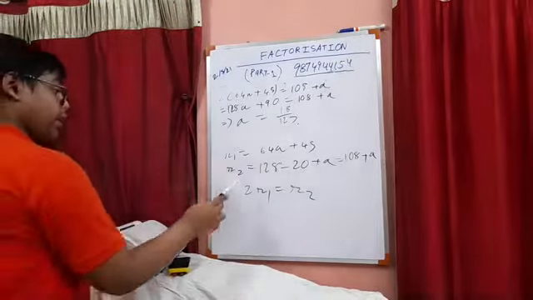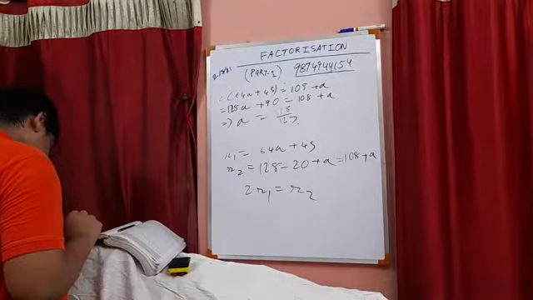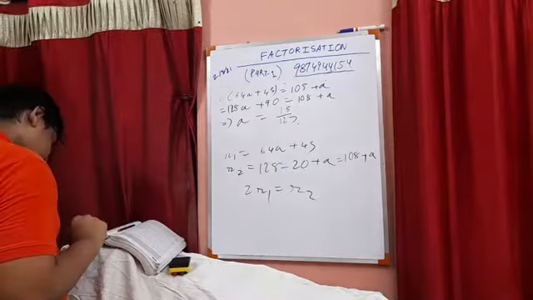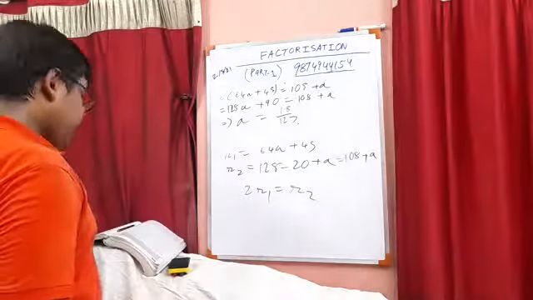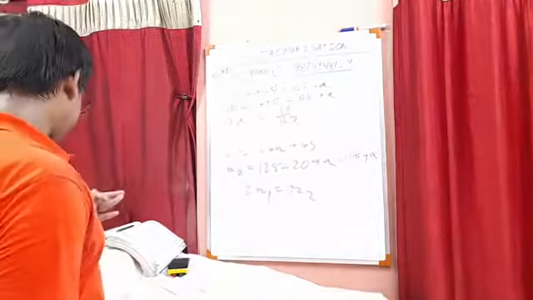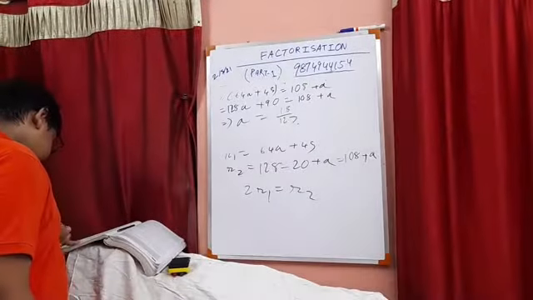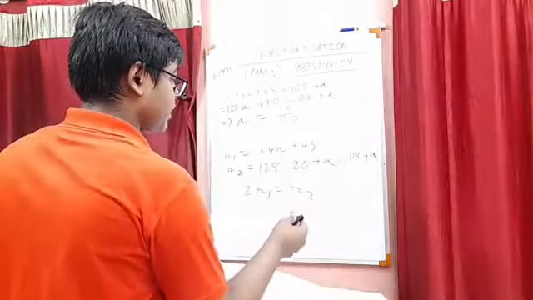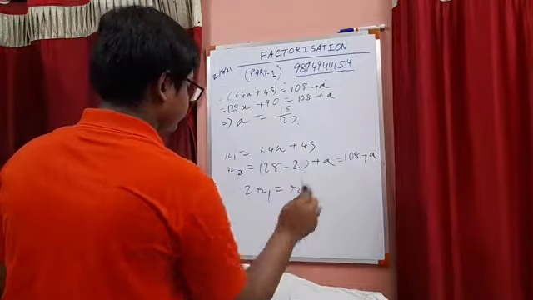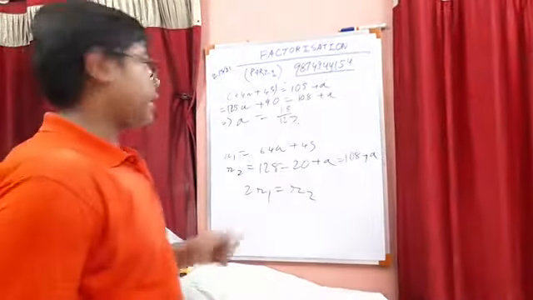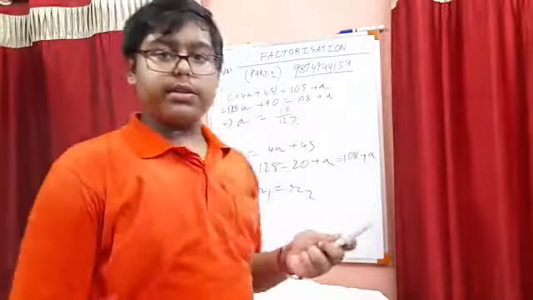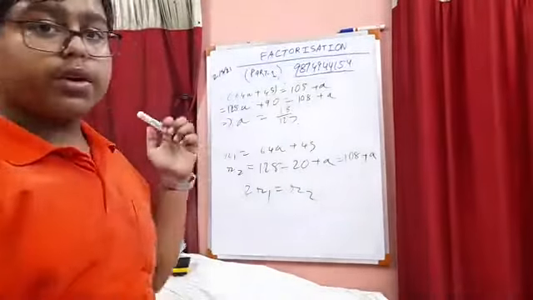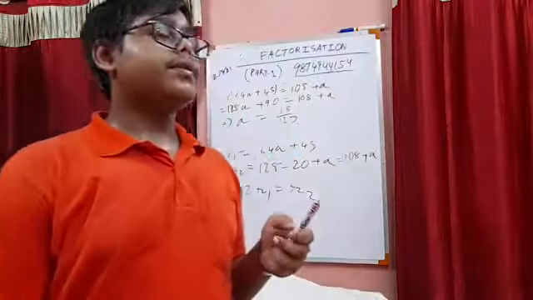And then the R2 one, 2x cube, which will be 64 into 2, 128, and 5x, which will be minus 20 plus 8. Yes, it is correct. Okay, so these were the sums on factorization for remainder theorem.